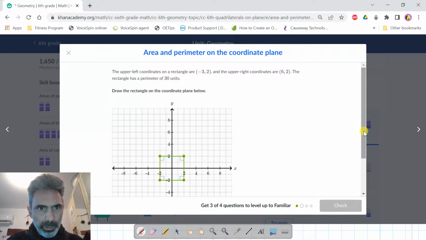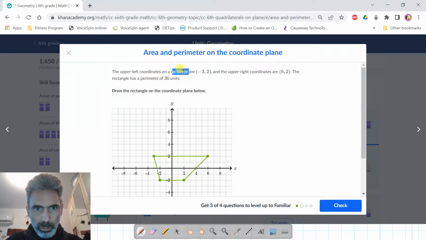Okay, so the upper left coordinates are -3 and 2. So this is -3 and 2. The upper right coordinates are 6 and 2. So this is 6 and 2.